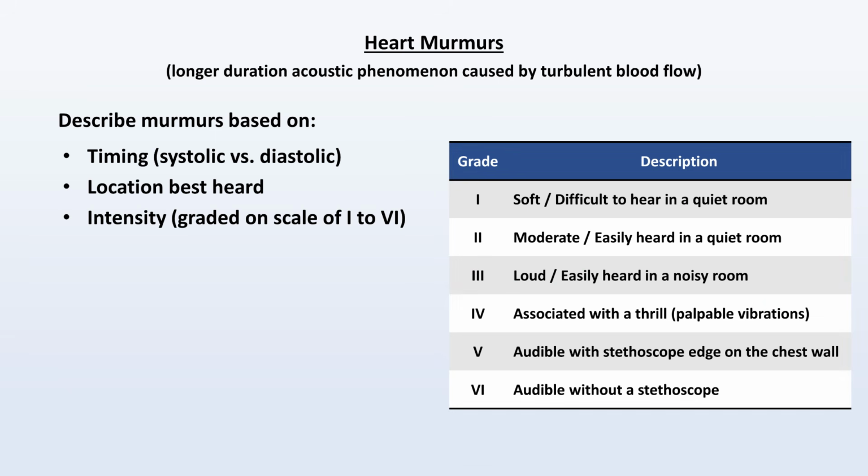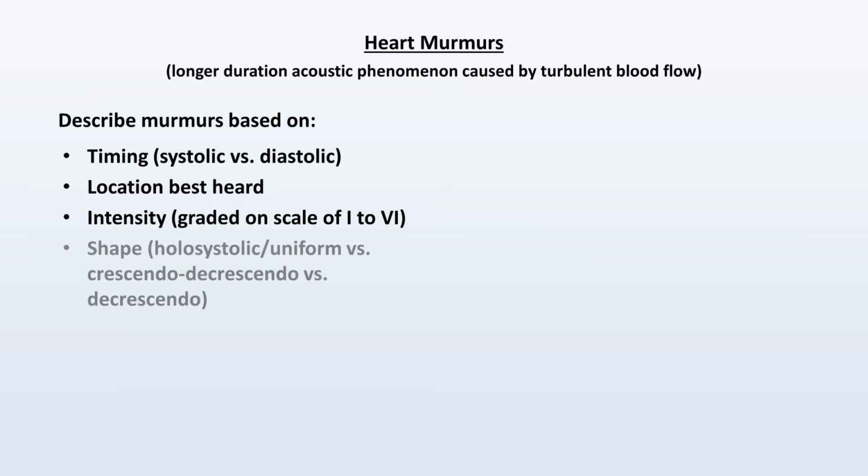the intensity, which is typically graded on a 1 to 6 scale. In the 21st century, it has become very rare to hear a murmur louder than a 3 out of 6 on that scale. Describe the shape of the murmur, meaning how does it change over its duration, which provides a clue to its cause.